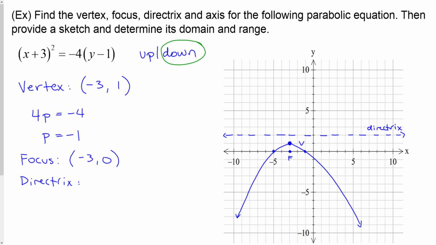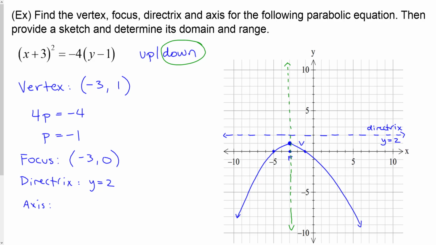The directrix, this is the equation of a horizontal line. The equation of a horizontal line is y equals the coordinate that it's passing through. So y equals 2. And the axis, that is the axis of symmetry. The axis of symmetry is a line that passes through the focus and the vertex and basically creates a mirror image of your parabola.